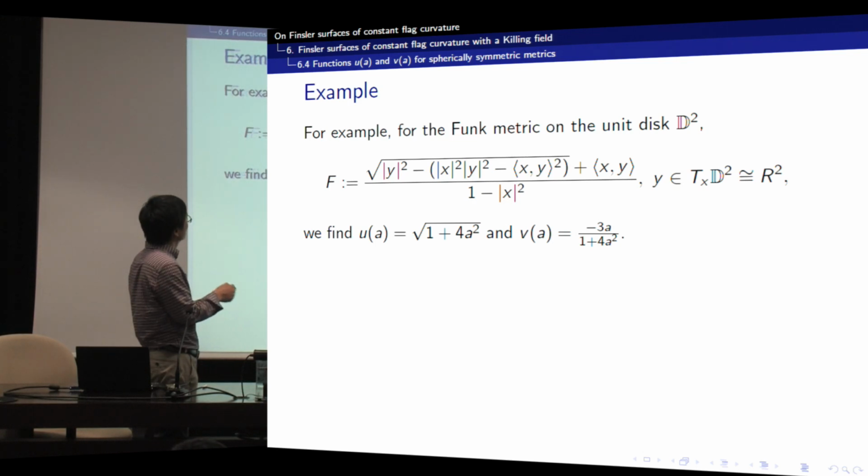This is a Klein metric, and this one is a one-form. We can find UA equals the square root of 1 plus 4a squared, and VA equals minus 3a over 1 plus 4a squared. For this case, we can calculate UA and VA in the normal form.